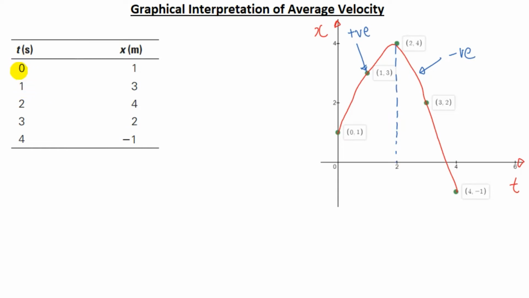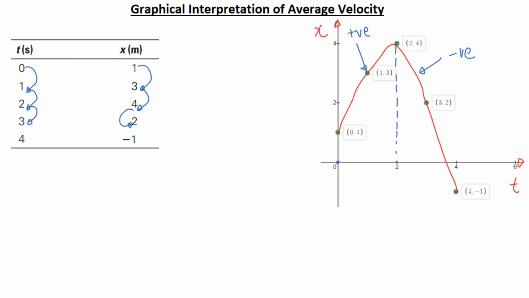When t increases from 0 to 1 second, the position increases from 1 to 3. When time increases from 1 to 2 seconds, the position also increases. But when time increases from 2 to 3 seconds, the position decreases. It becomes from 4 to 2 meters. Therefore, from time t equals 0 seconds to 2 seconds, the particle is moving in the positive direction, and then it moves in the negative direction.